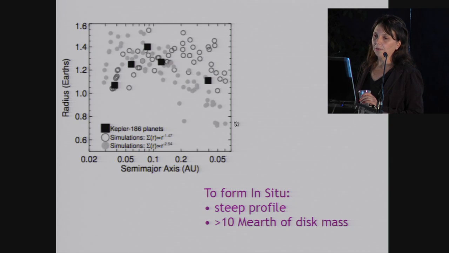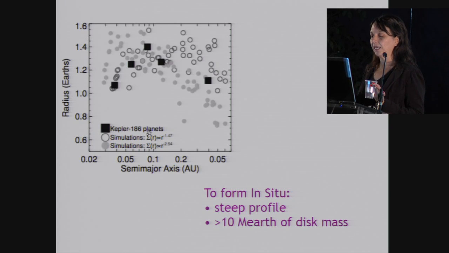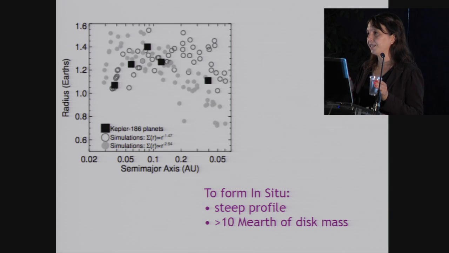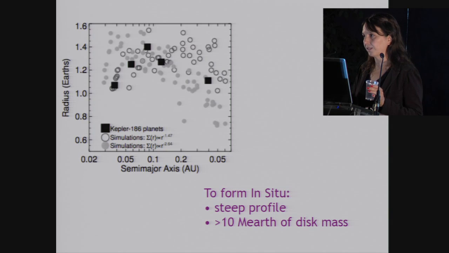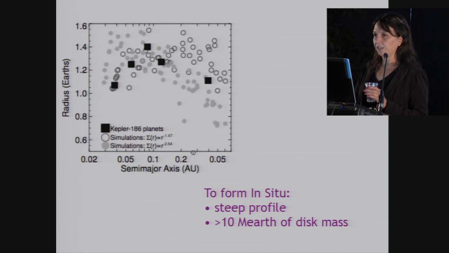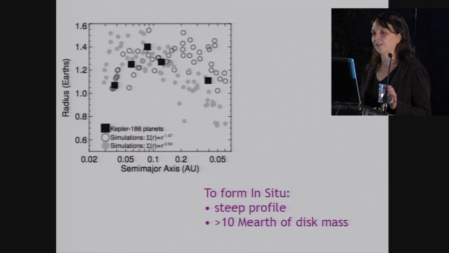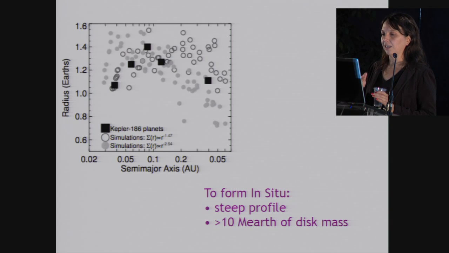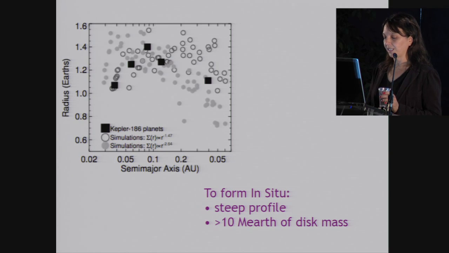And so what we found is that in order to form systems that look like Kepler 186, we needed to start with a lot of mass, more than 10 Earth masses, very close to the star, and with a very steep surface density profile. And when we did a lot more simulations, which I'm not showing, where we varied the total disk mass range and other surface density profiles, this is what we found that we needed to reproduce these planets.